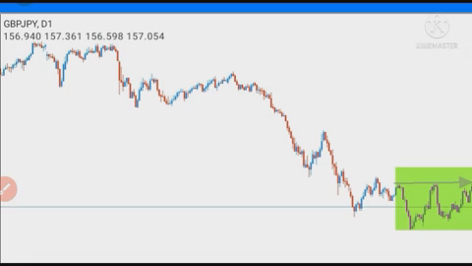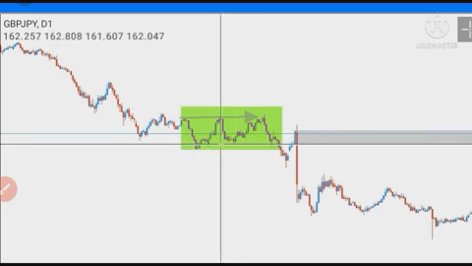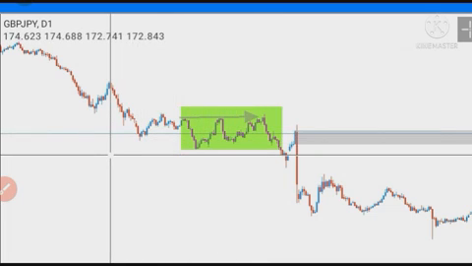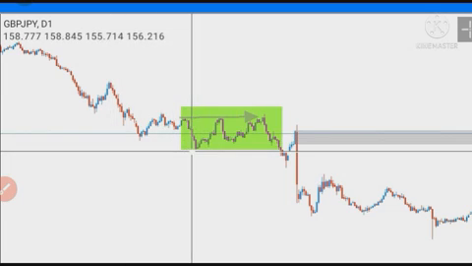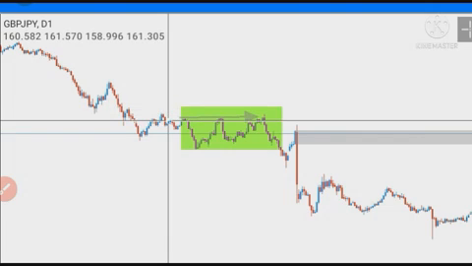The number 2 thing is liquidity. Take a look at this diagram, where this green box is. Look at our arrow inside the green box. Price made equal highs here.